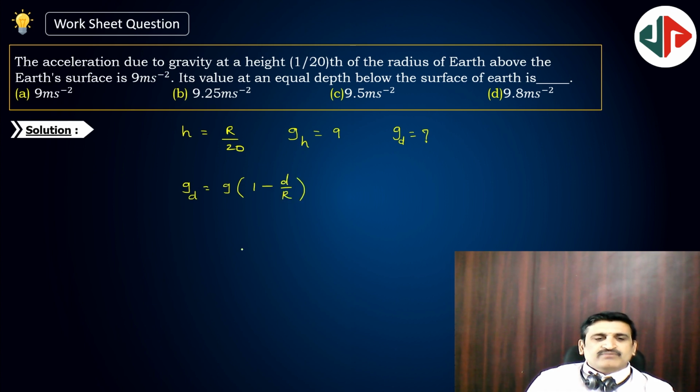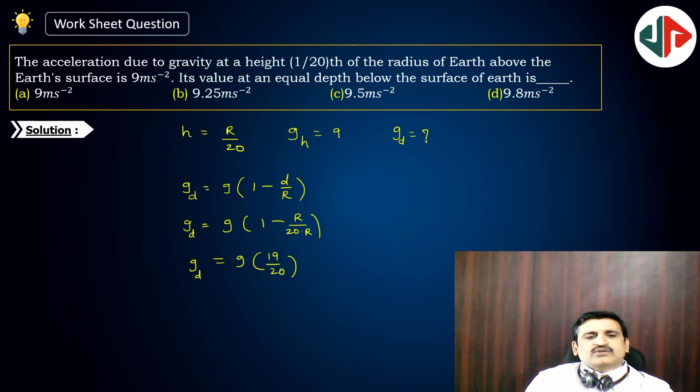Now GD is equal to g value into 1 minus d by R. d value is R by 20, R gets cancelled. It will be g into 19 by 20. This is GD. Still the story is not over. We need to convert it into those values.